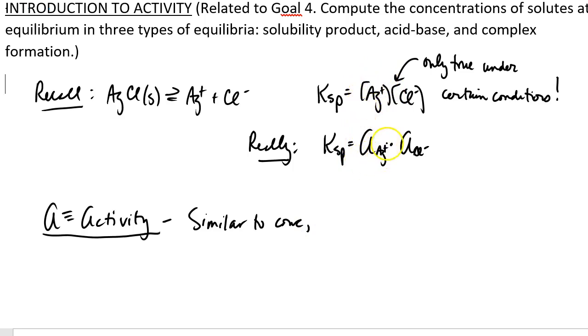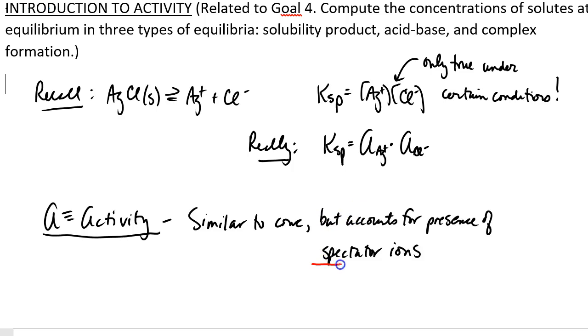It must be if we're able to plug it in for concentration into our Ksp, but it accounts for solution composition or the presence of spectator ions. And we'll have a way to quantify the presence of these spectator ions using a quantity called ionic strength. And we'll talk about ionic strength a little bit later.